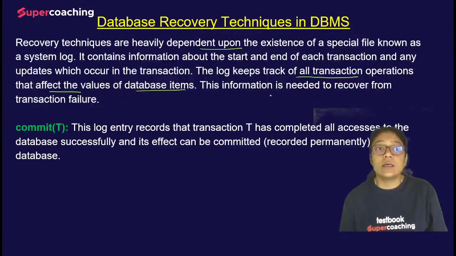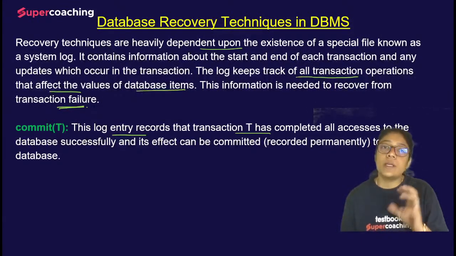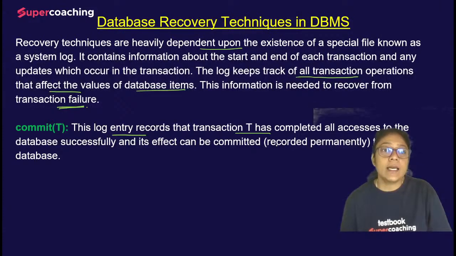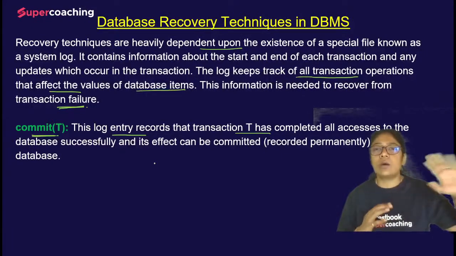And this log file is used to recover from the transaction failure. Already we have talked about commit. In the commit, the log entry records that the transaction has completed. The transactions that have completed their operations have those entries, and to permanently reflect them we use commit. Now in the log file there are many commits and many other things.